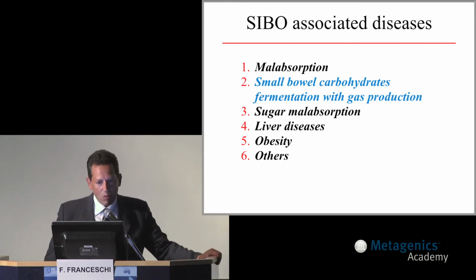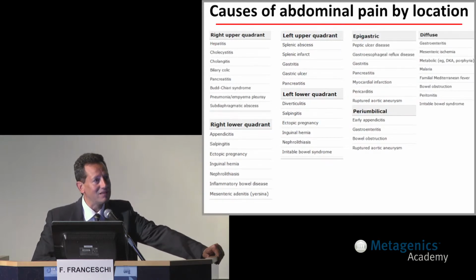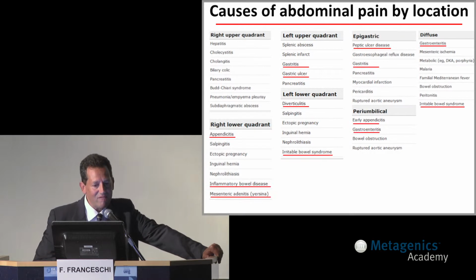And the consequence of SIBO is small bowel carbohydrate fermentation with abnormal gas production, which is a cause of pain. Here you can see all the causes of abdominal pain by location. You see how many causes of abdominal pain we may have. What is interesting is that about half of those causes are related to a gut microbiota imbalance.